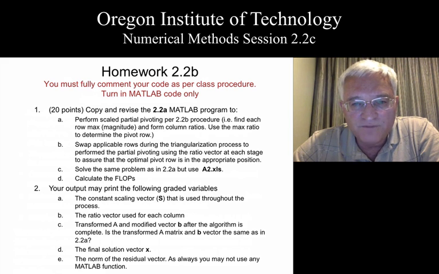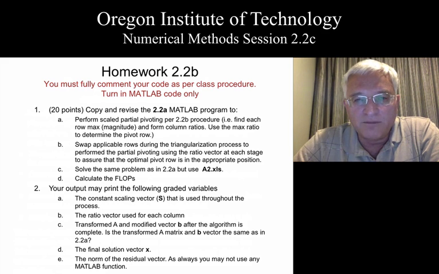Calculate the flops, and that'll all be worth 20 points. And there's some additional output there that you may wish to look at. I will be running your code as usual to compare your values with mine. And you've got a list there of the things that need to be performed.